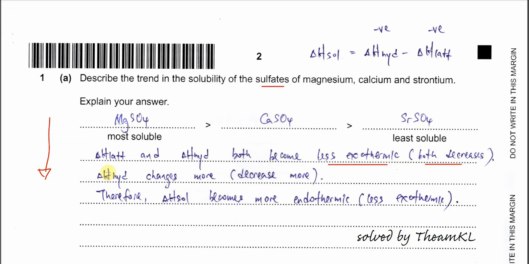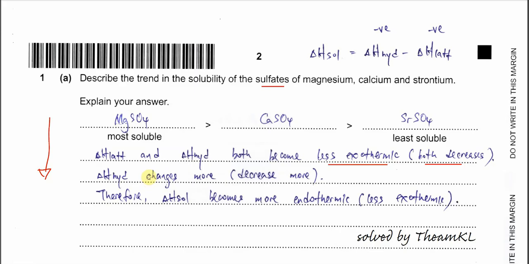Second, you need to mention, if both decrease, which one changes more? In this group 2 sulfate solubility, the one that decreases more is the hydration enthalpy, more than the lattice energy.